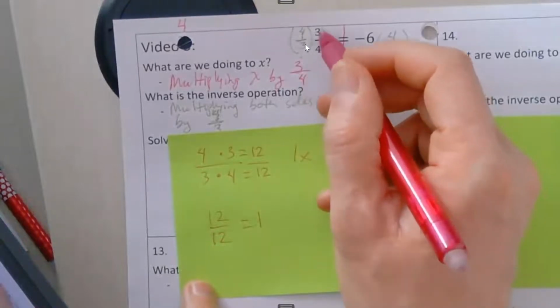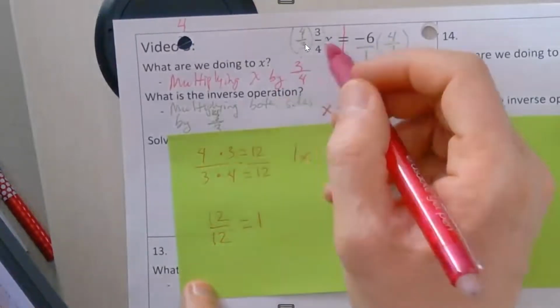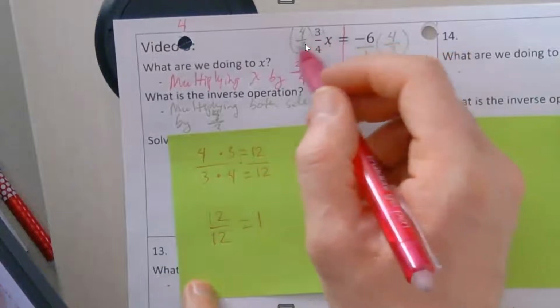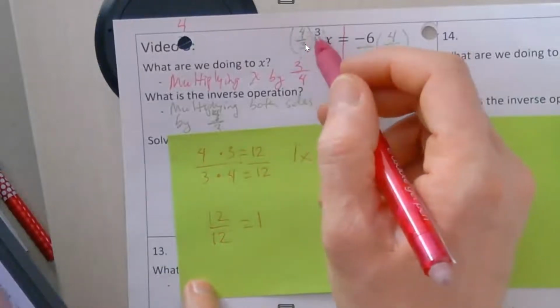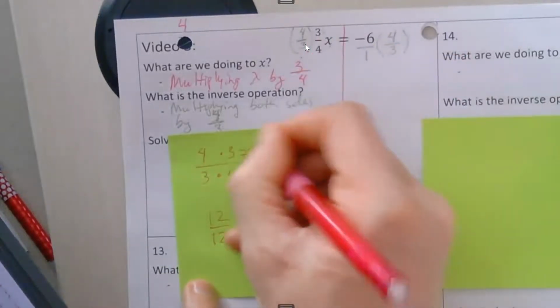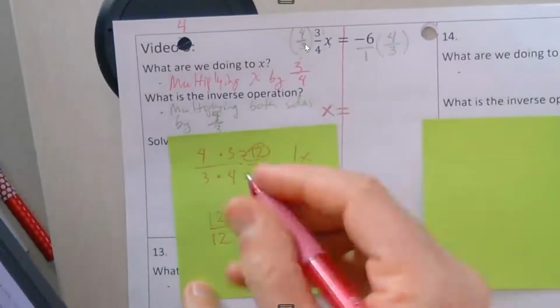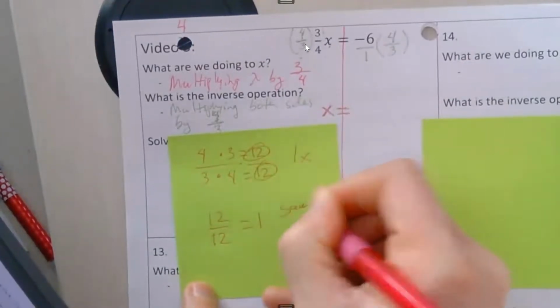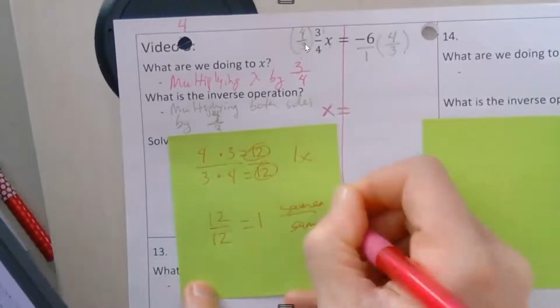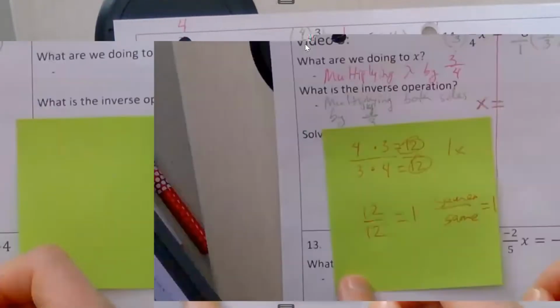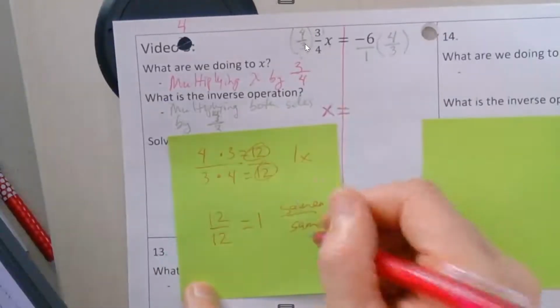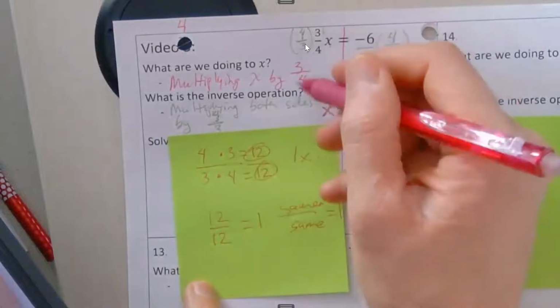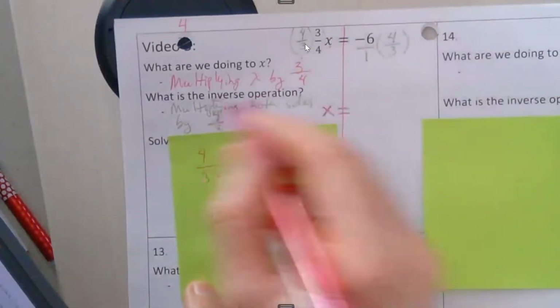That's the reason we take this number and flip it over. Because when we have the reciprocal, we're always going to get the same number in the numerator and the denominator. And when we get some kind of same over same, that always equals 1. So we're always going for same over same when we multiply by reciprocals using inverse operations.